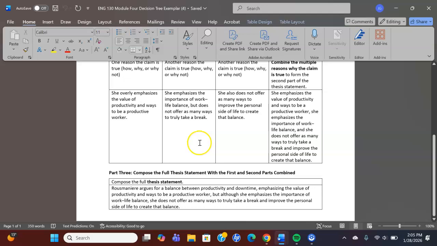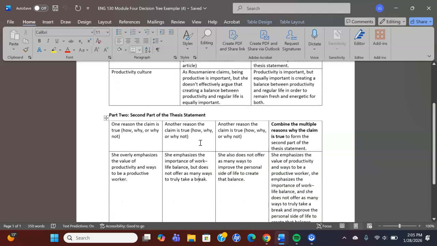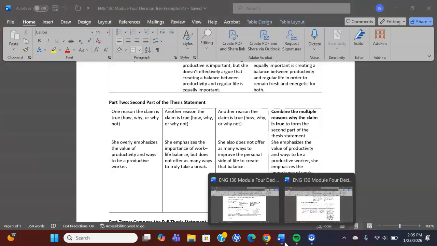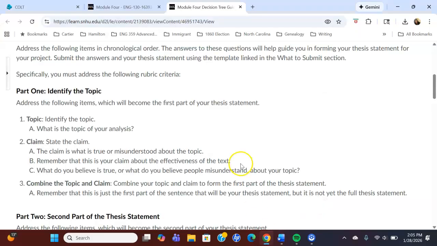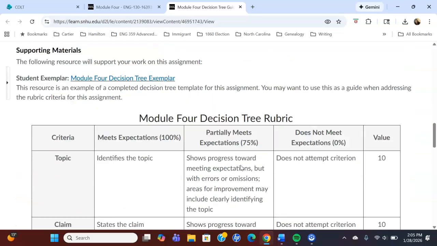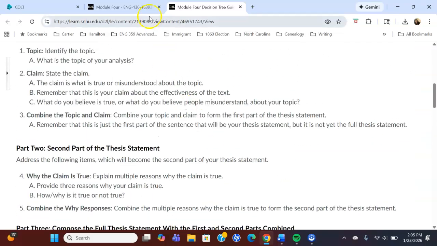So maintaining this focus here will really help you as you continue analyzing your piece. Okay? So that's the main focus of the video that I wanted to share today.